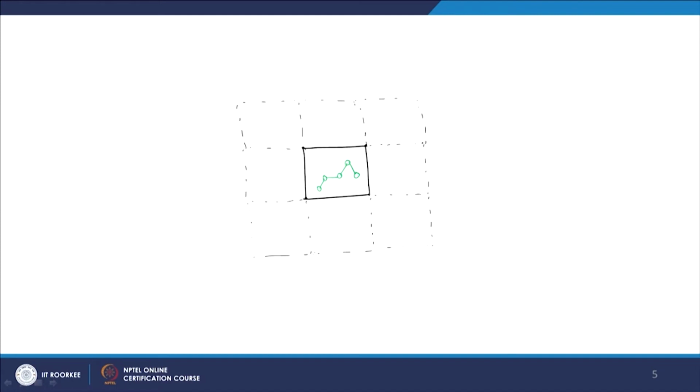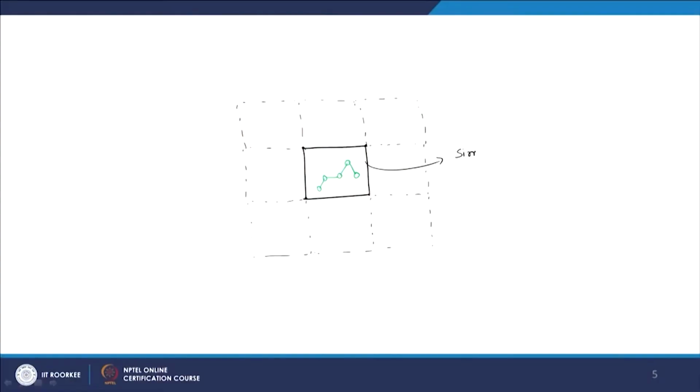And just like a polymer chain is contained in the box I am simulating. So, this is my simulation box, and these guys are my periodic replicas.